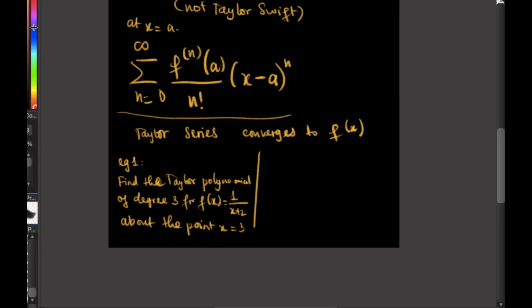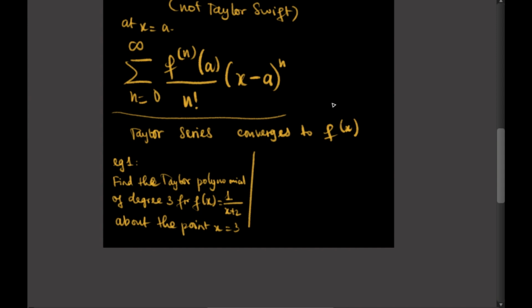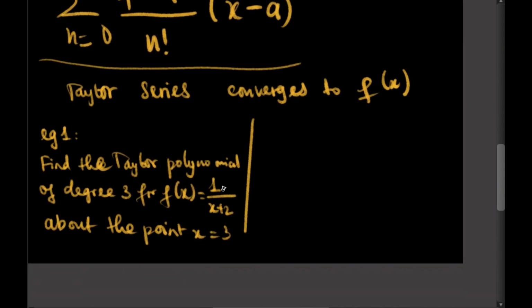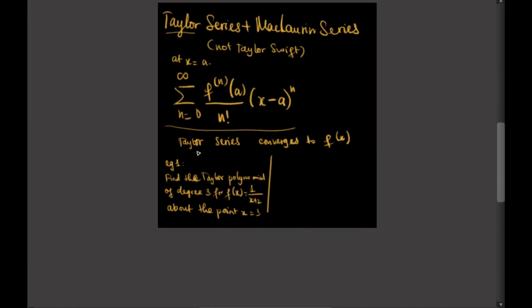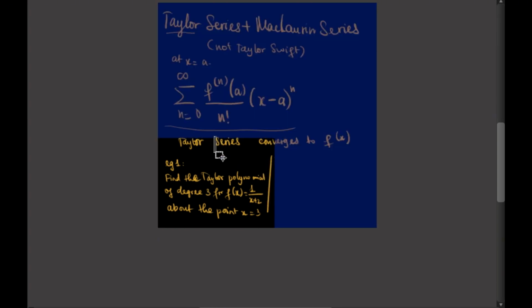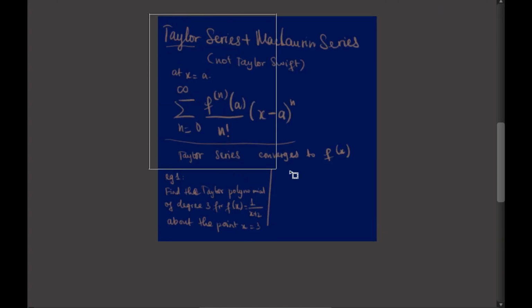I'm going to change the color of the brush. Okay, perfect. So first we have to differentiate, because that's what we have to do. I'm going to keep this part and erase this.